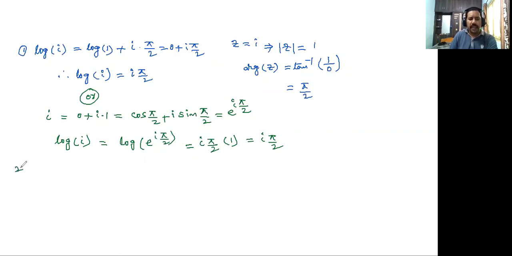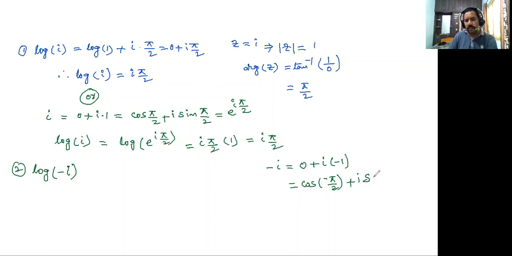Okay. Same like that. Find logarithm of minus i. Minus i means how to convert in polar form? 0 plus i into minus 1. So we can write cos of minus pi by 2 plus i into sine of minus pi by 2. Now this is e power minus i pi by 2.